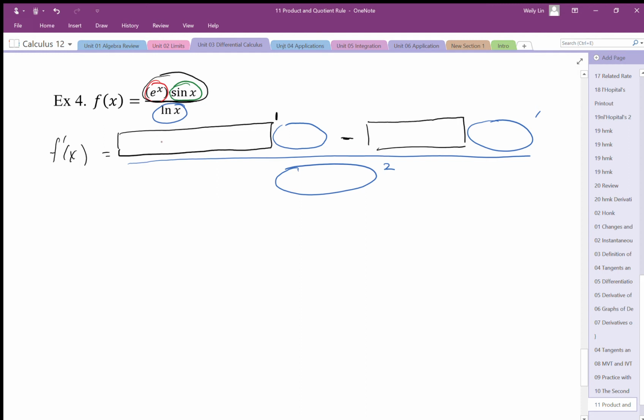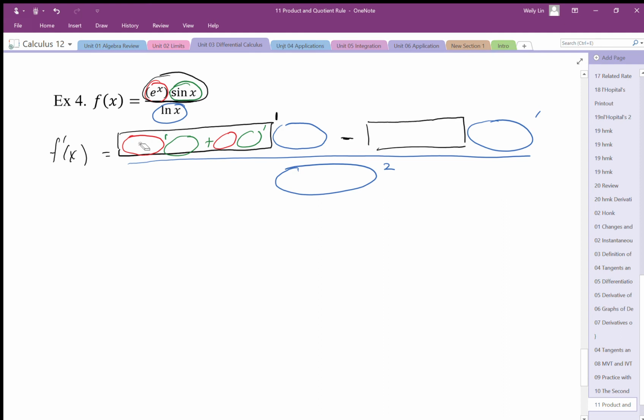So there's going to be the derivative of the first part, times the second part, plus my first part times the derivative of the second part. So inside, where I'm going to differentiate the numerator, you can see there's my product. Okay, there's my product rule is going to be in there.